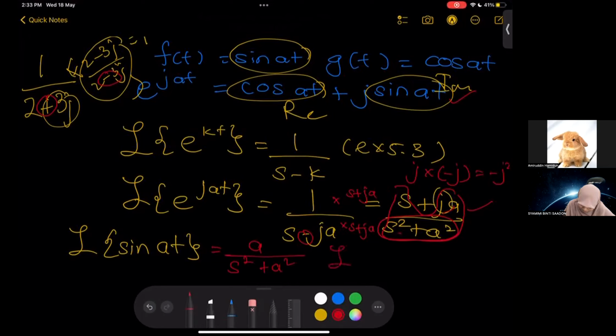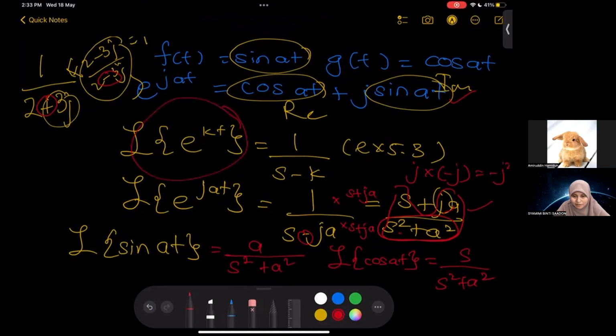And the cosinus pula, cosinus AT adalah S kuasa 2 plus A kuasa 2. Okay, so macam itulah maknanya once kalau kita dapat a trigonometry function, sinus, cosinus, tangent ke apa ke, kita boleh guna definition Laplace transform of a exponential kan untuk translate the Laplace of trigonometry into Laplace form macam ni lah.